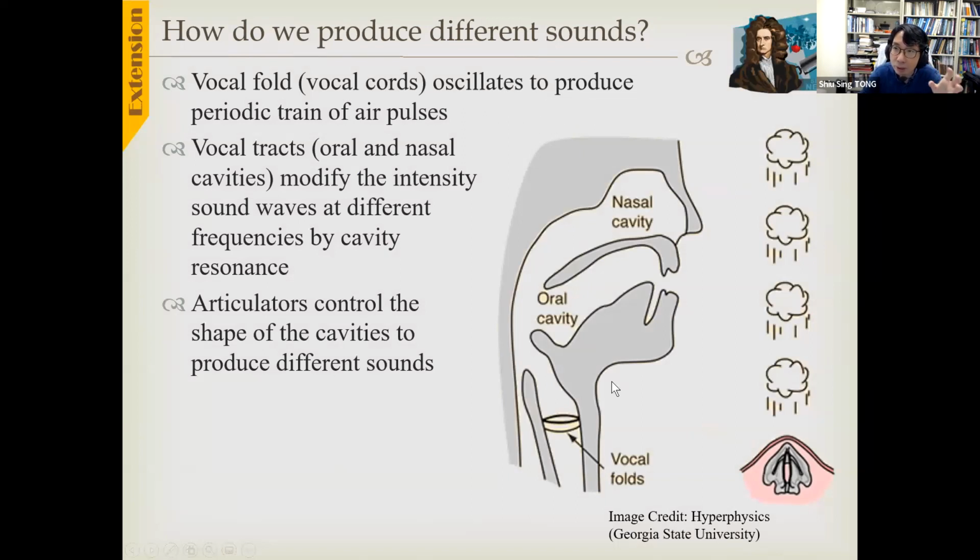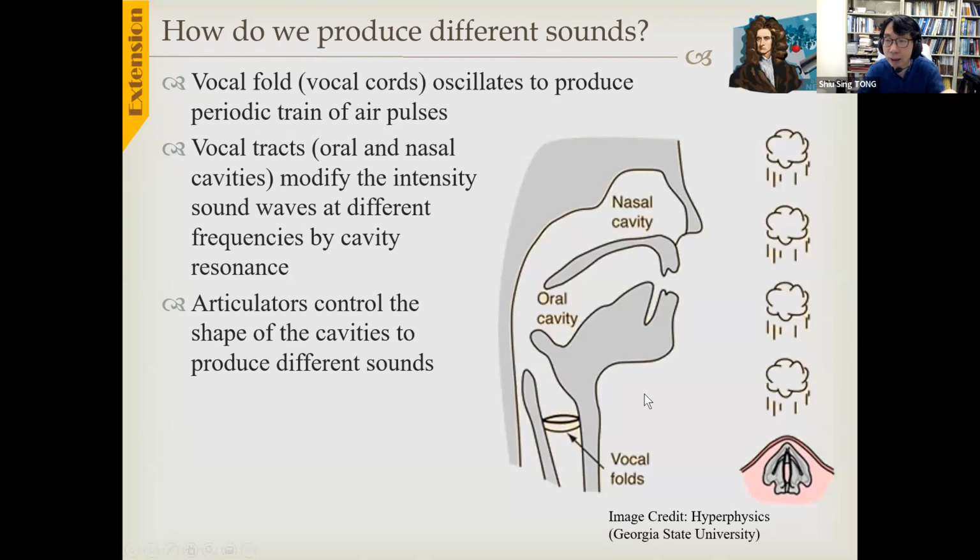They will not be able to change substantially to produce sound waves of different frequency. When air passes the vocal cords, it just produces periodic trains of air pulses, and that consists of sound waves of many different frequencies.